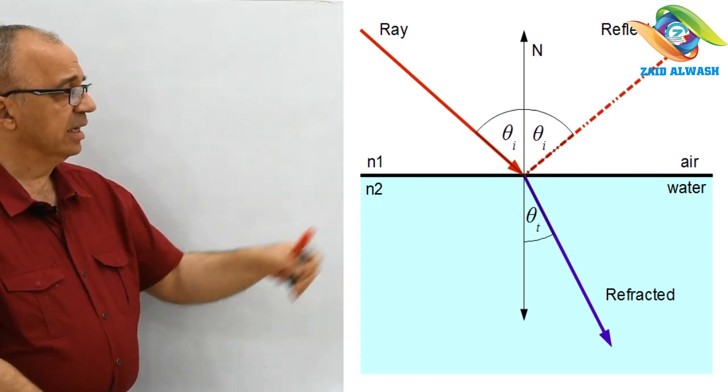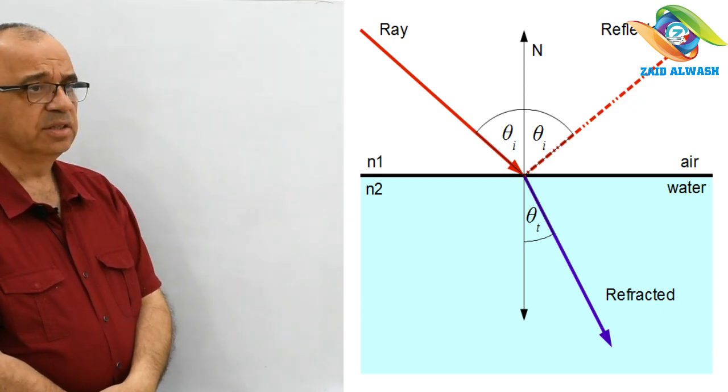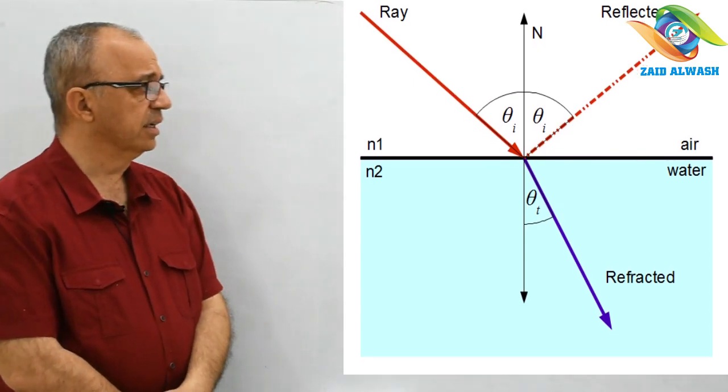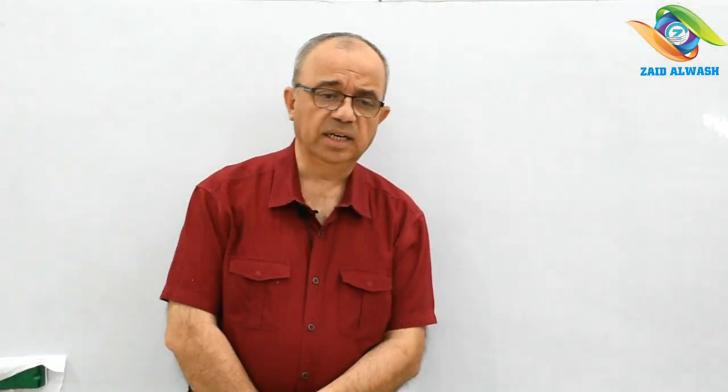And the ray which passes into the second medium, we can call the refracted light ray.